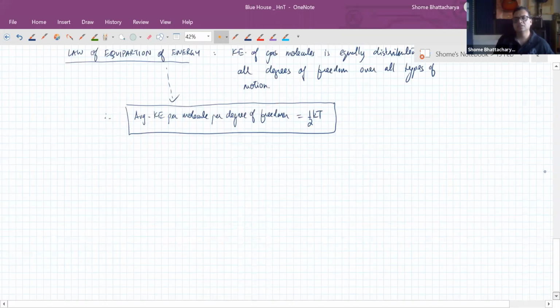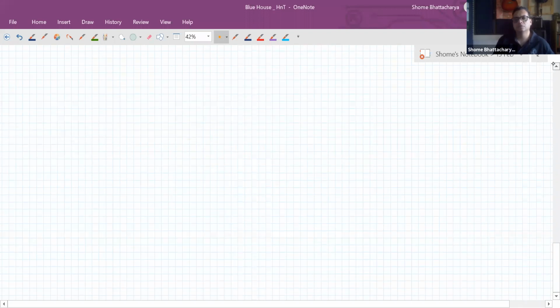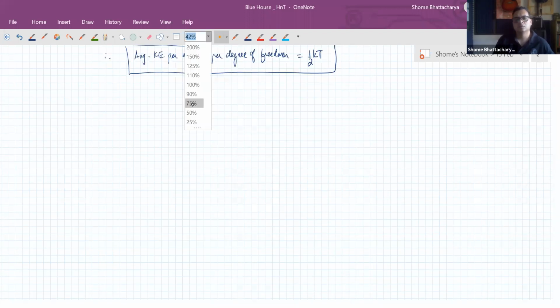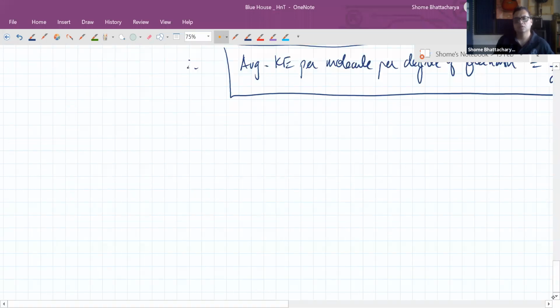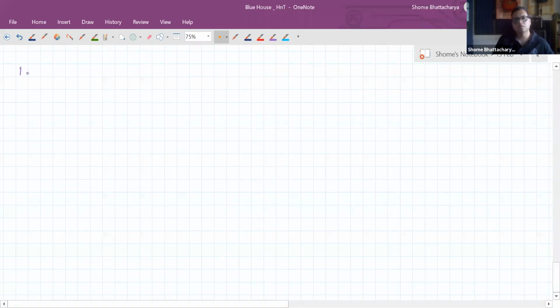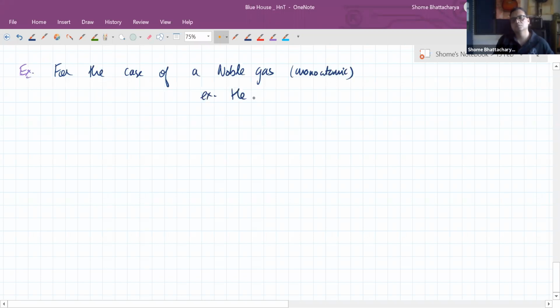Okay, so let us understand this in context of some examples. For example, for the case of a noble gas, monoatomic, example helium.